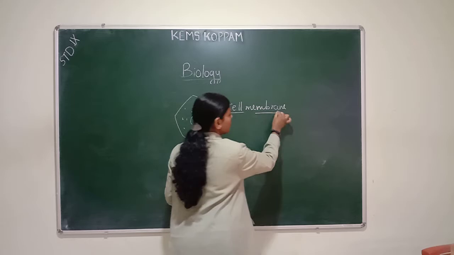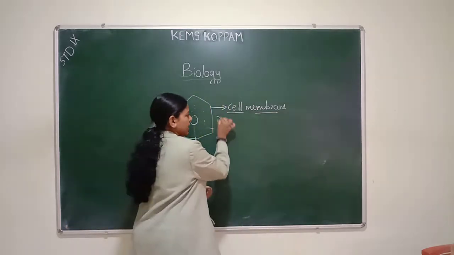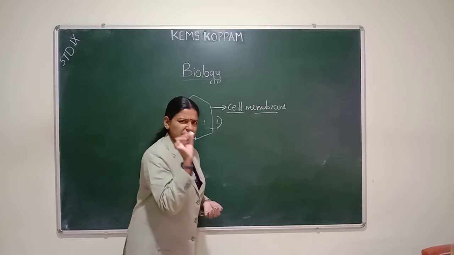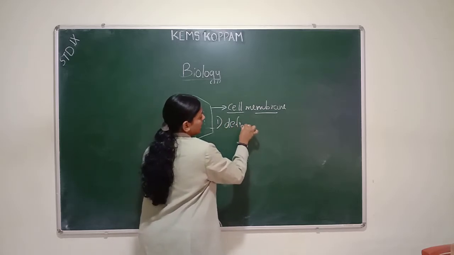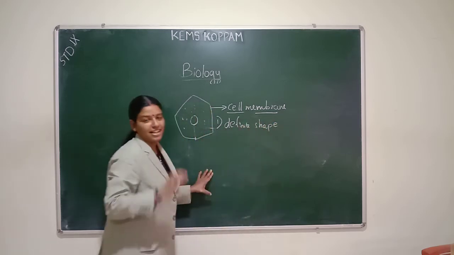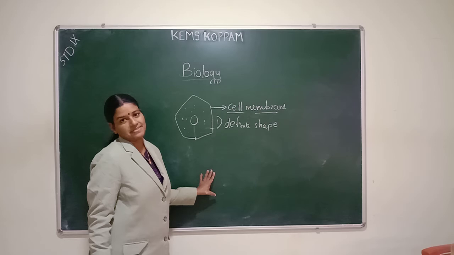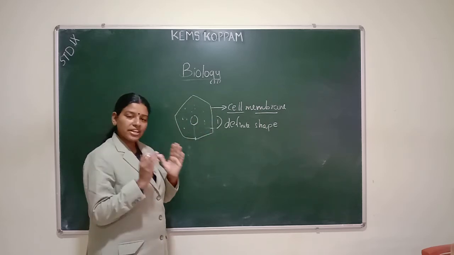What is the function of the cell membrane? The first function is that it gives a definite shape to the cell, because by this boundary only it acquires a definite shape.